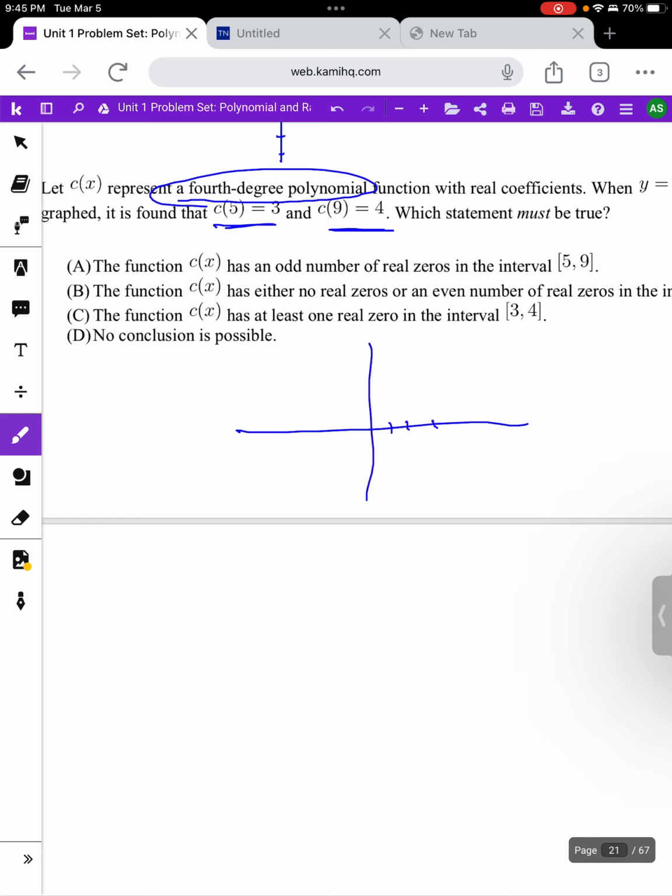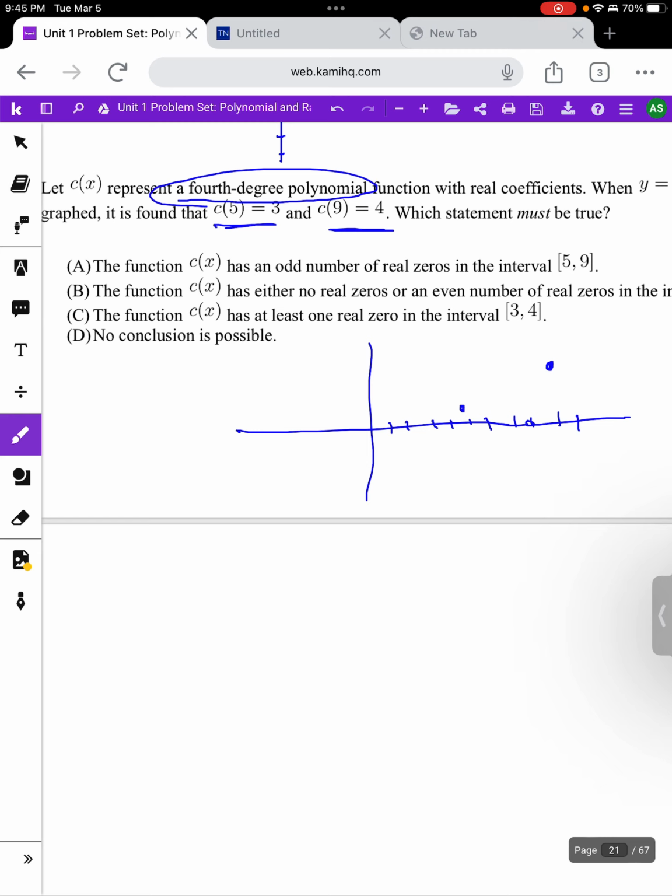So 1, 2, 3, 4, 5, 6, 7, 8, 9. Why does it have to go all the way to 9? Okay, so 9 and 4 would be like here, and then 5 and 3 would be down here, right? Okay, so it's going up from left to right. That's all we know.